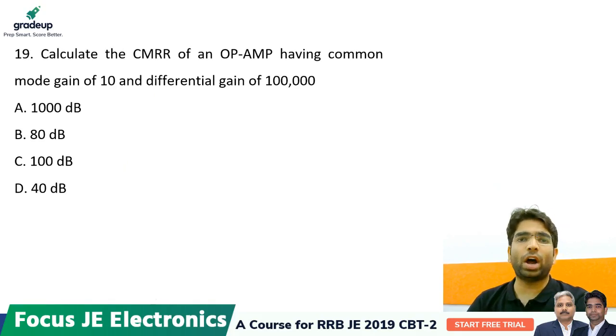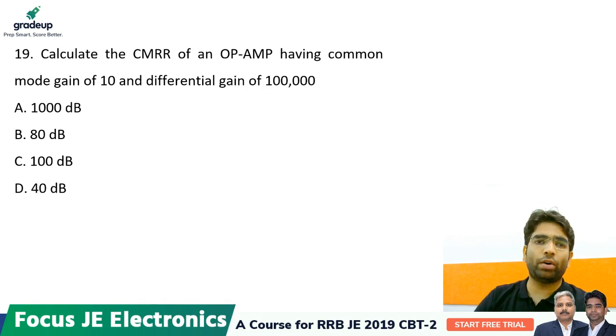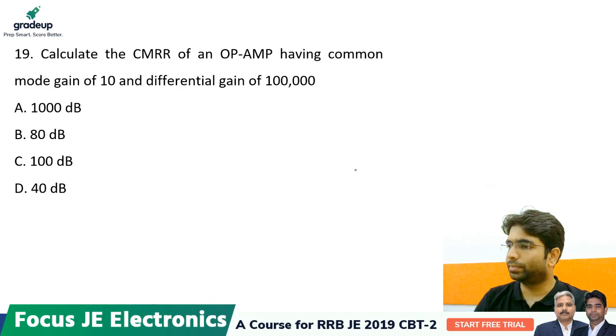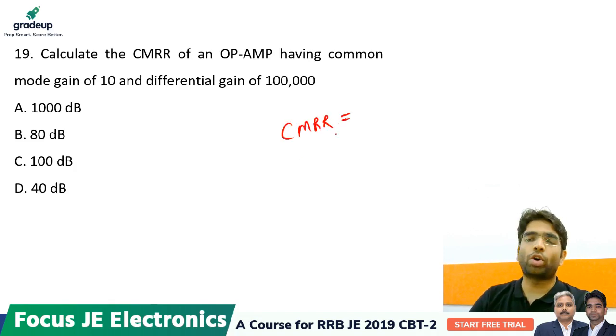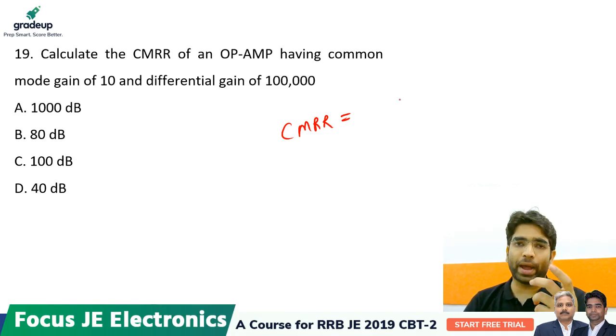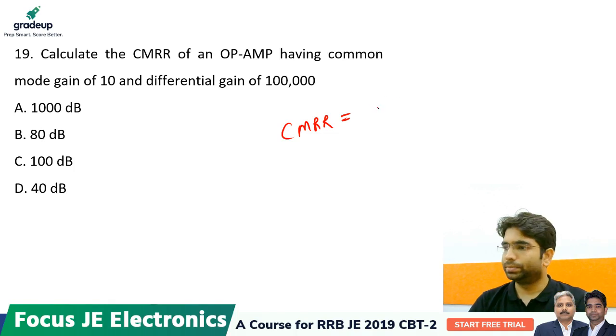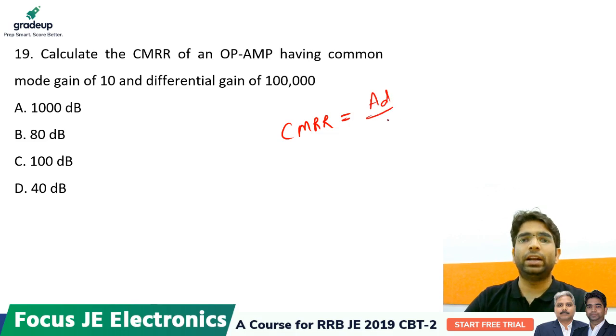Calculate the CMRR of the op-amp which is having a common mode gain of 10 and differential mode gain of 10 raised to the power 5. What is CMRR? CMRR is common mode rejection ratio. It is the ability of the op-amp to reject the common mode signals. It is the differential mode gain AD divided by common mode gain.